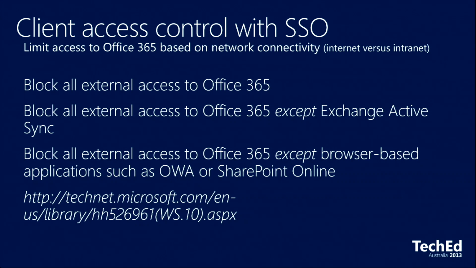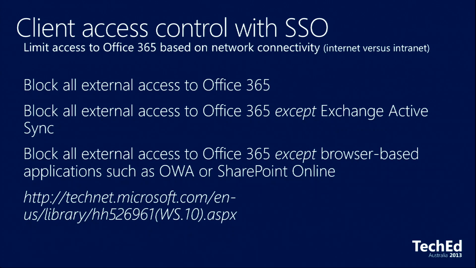Some examples of this, we might want to block all external access to Office 365. So Office 365 access is allowed from all clients inside the corporate network, but any requests from external clients are denied based on the IP address of the external client. So we can very quickly stop people from connecting to our Office 365 tenant through single sign-on if they're outside the organization.